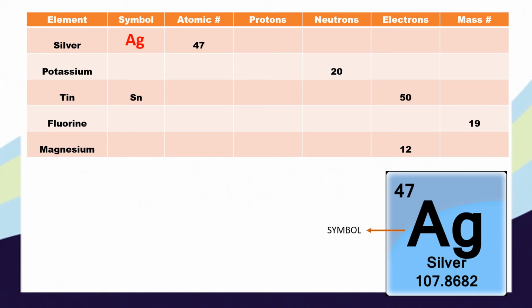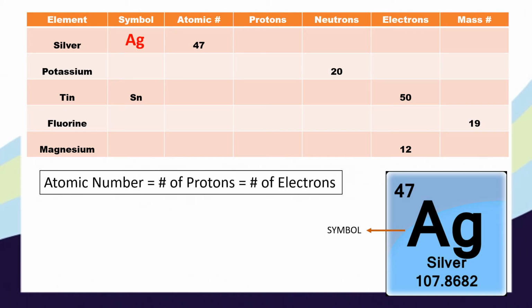For the number of protons, since in our formula, atomic number is the same as the number of protons and the same as the number of electrons, and our atomic number here is 47, therefore our proton is also 47 and our electron is also 47.